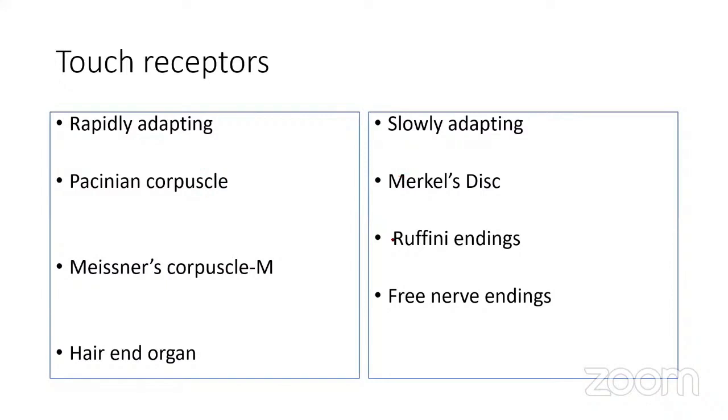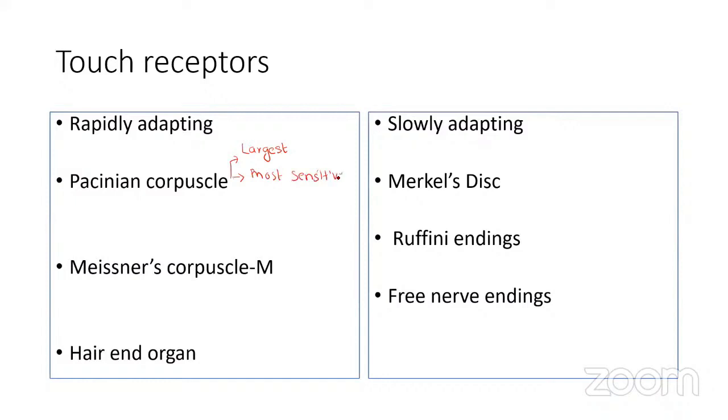Merkel's disc, Ruffini endings, and free nerve endings come under slowly adapting receptors. The Pacinian corpuscle is the largest somatosensory receptor, and the most sensitive one.